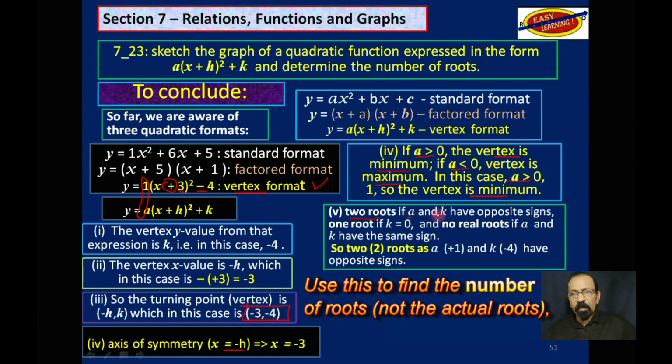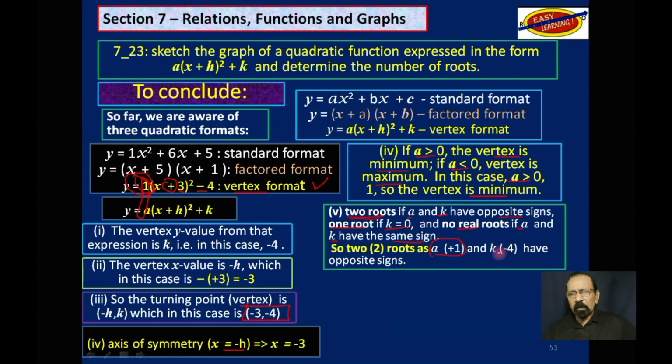If a and k have opposite signs, you have two roots. If k is equal to 0, you have only one root, and you don't have any real roots if a and k have the same sign. So in this case, a has a positive 1, and k has a negative 4. Opposite signs, we have two roots.